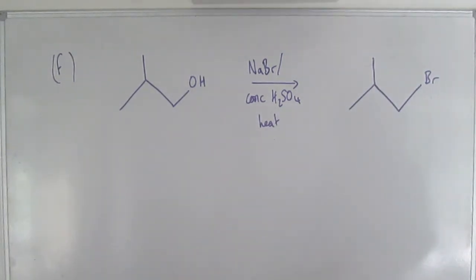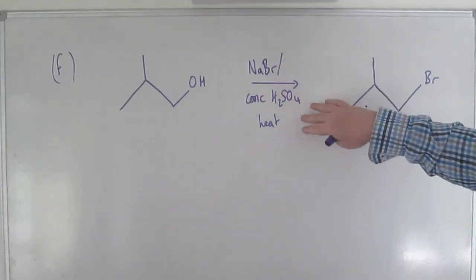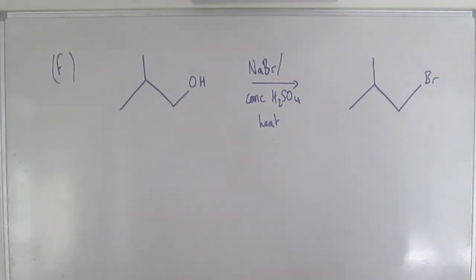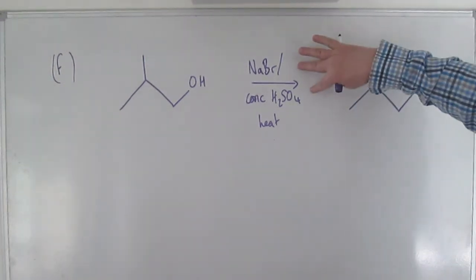So those are the conditions. In effect, what you get there is HBr plus extra acid catalyst. So if you just say HBr as the reagent, you might be allowed that, but it's not really the standard way of doing it. So you need to learn this.